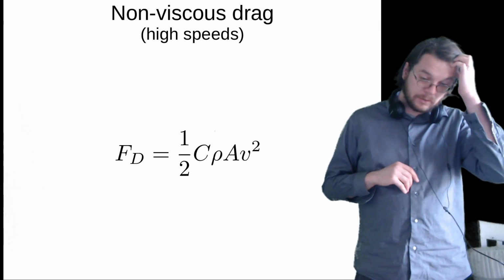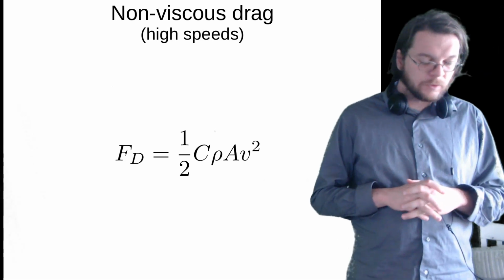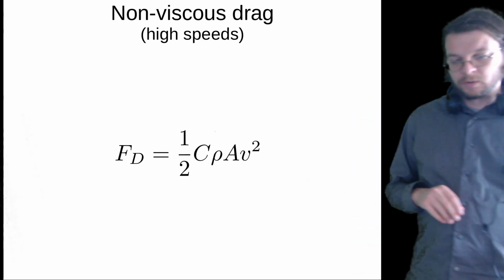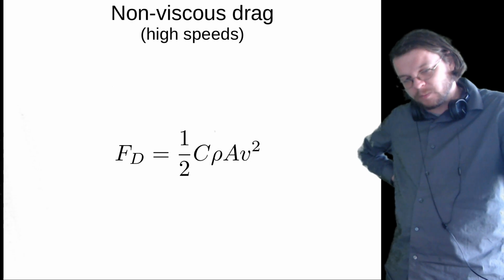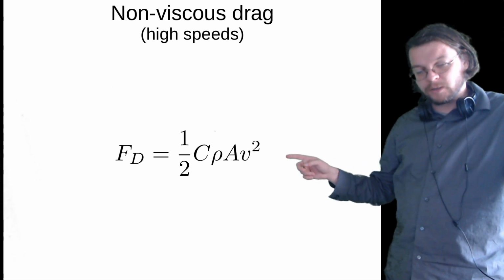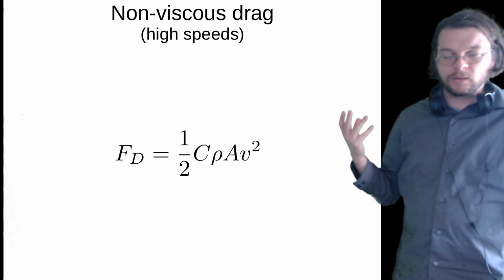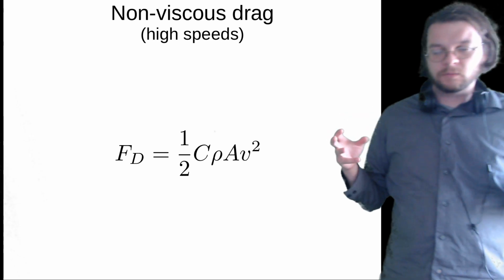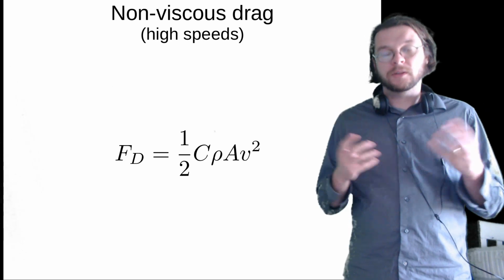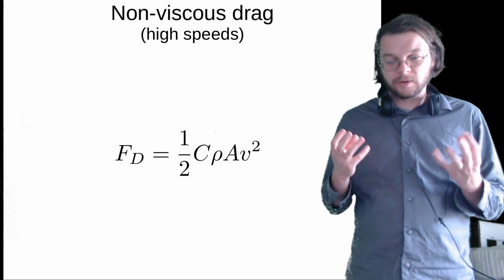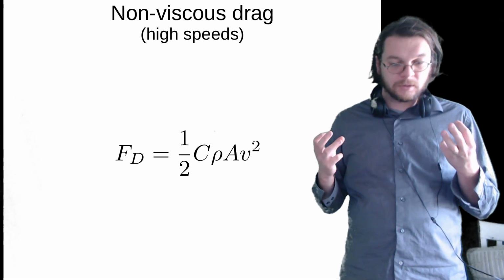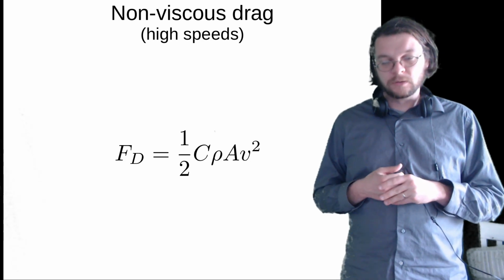So this is non-viscous drag, which again is relevant at high speeds. And by high speeds, I mean, for example, this drag dominates the friction when your car is driving down the highway. You might imagine that the friction on the axles spinning around, the ball bearings, would be where a lot of the friction goes.